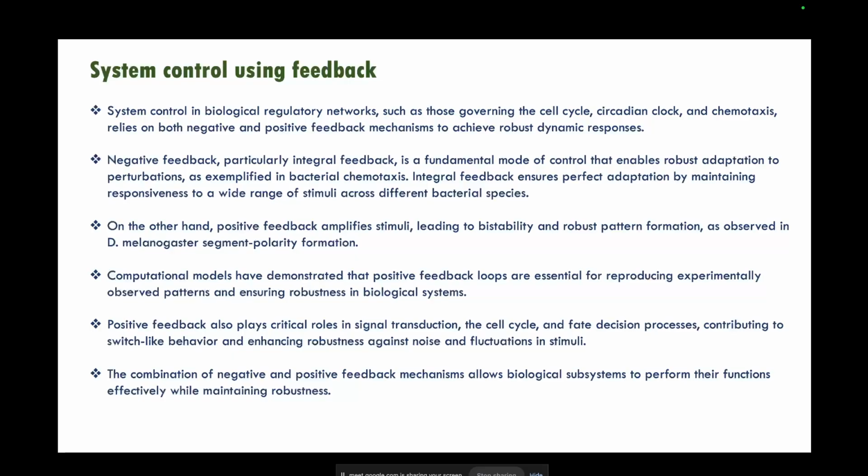Computational models have demonstrated that positive feedback loops are essential for reproducing experimentally observed patterns and ensuring robustness in biological systems. Positive feedback also plays a critical role in signal transduction, cell cycle, cell-fate decision processes, etc., contributing to switch-like behavior and enhancing the robustness against noise and fluctuations in stimuli.